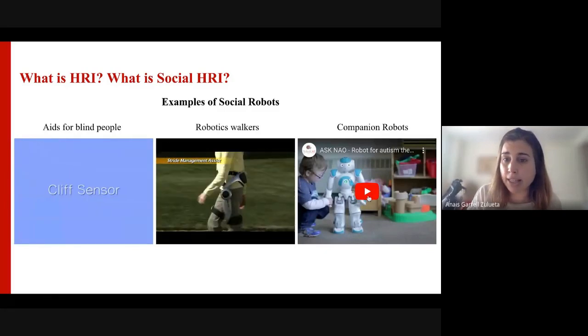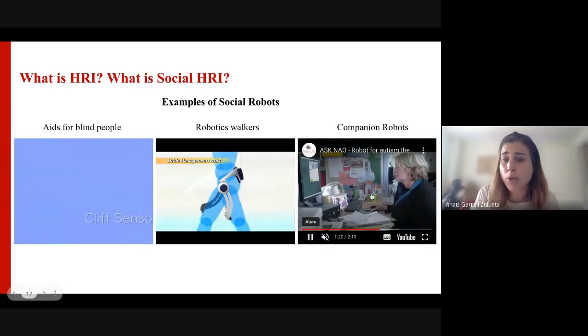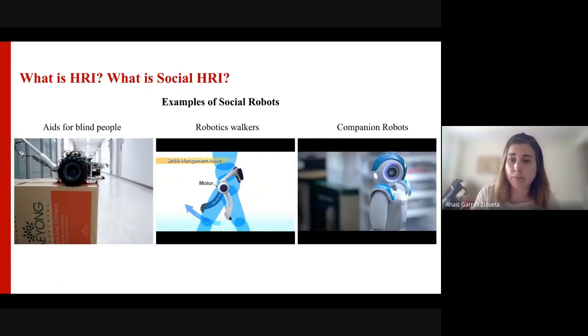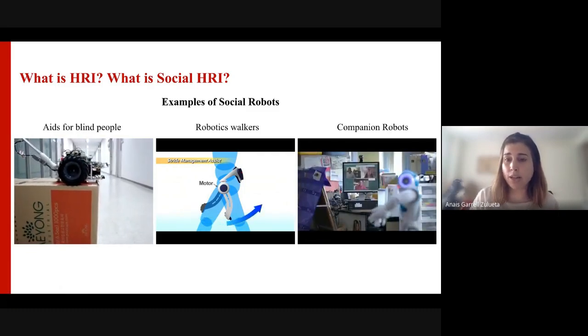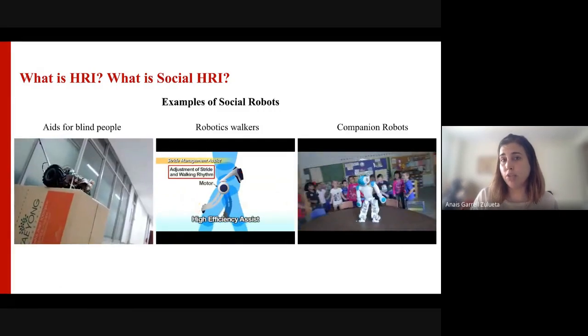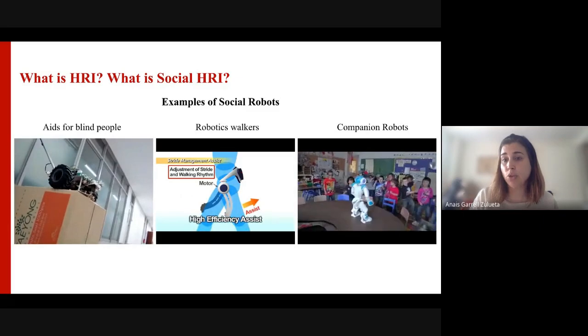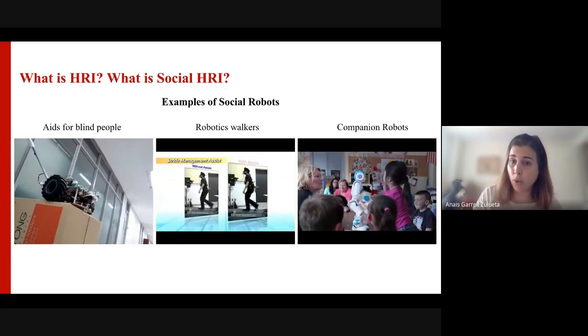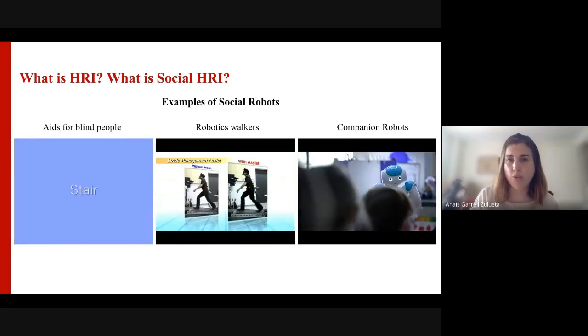And finally, this is the Nao robot. This Nao robot is widely used to help children with autism. Medical doctors use this kind of robot as a channel of communication. The children create an engagement with this robot and can communicate with it.